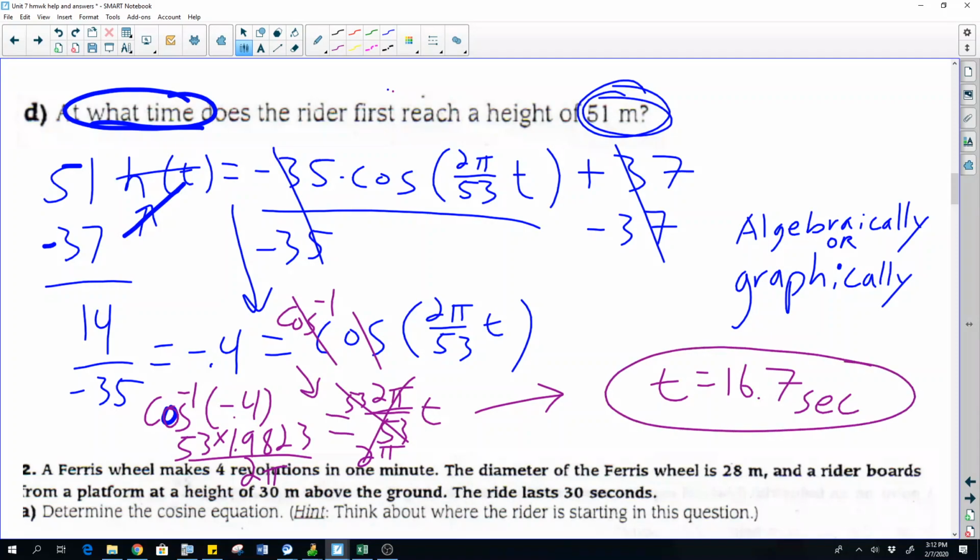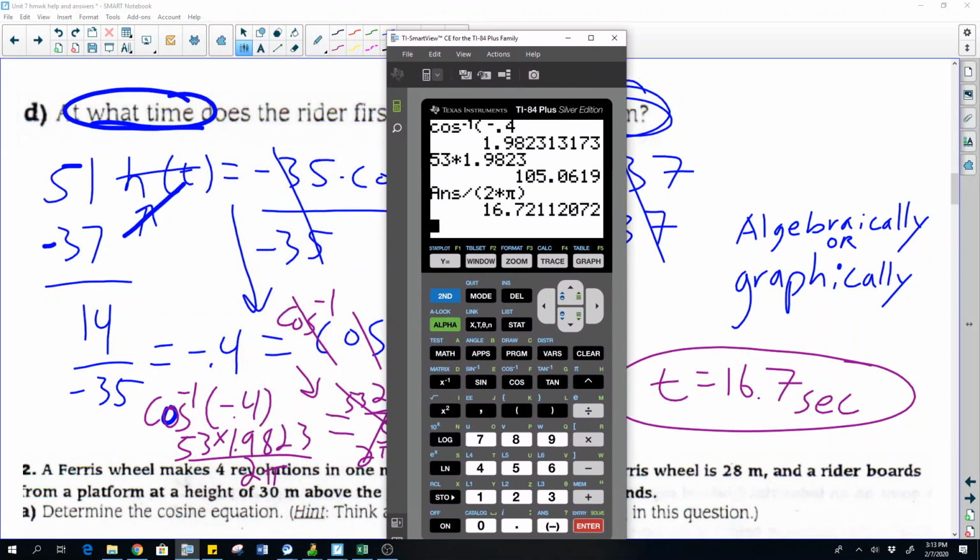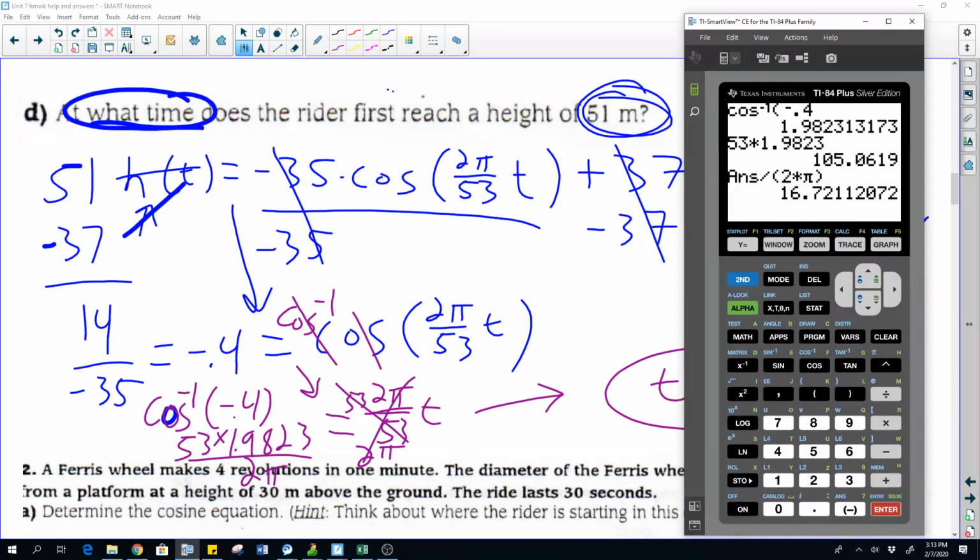Now let's show you graphically. We could actually just graph that equation and then scan through and find it. So let's see if we get the same answer.